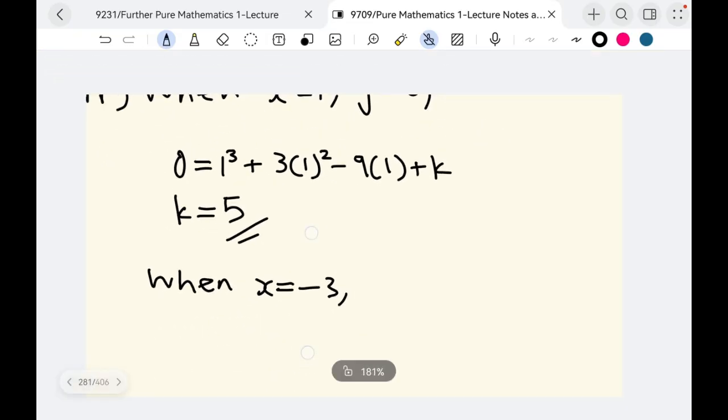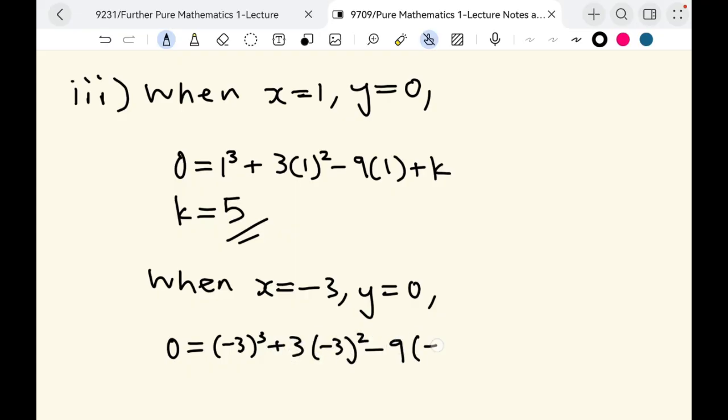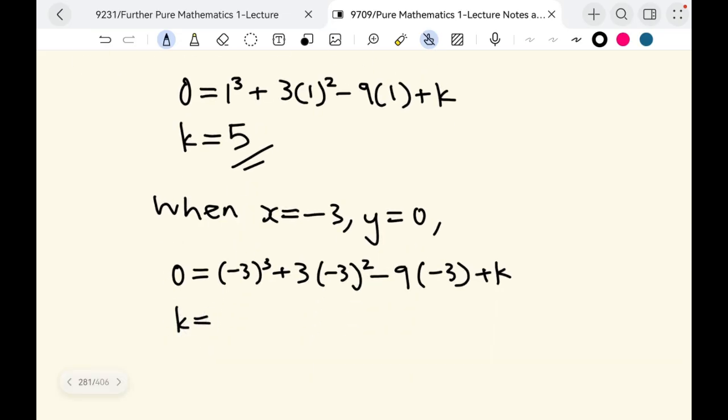When x equals negative 3, you will get k equals negative 27 as the final answer.